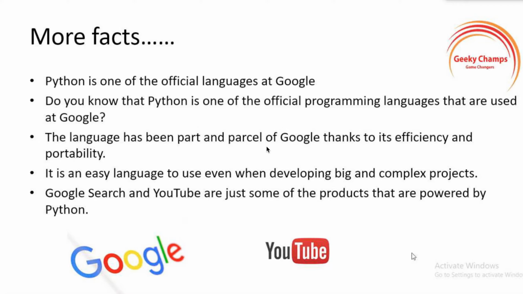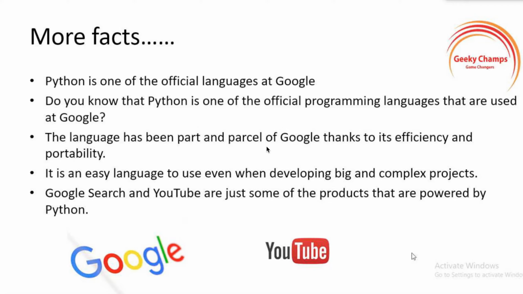What are various programming languages available? What is the price of this particular product? N number of things we have. So how is this Google search, or how is YouTube, designed? Python is the programming language which is used for designing these websites, Google and YouTube.